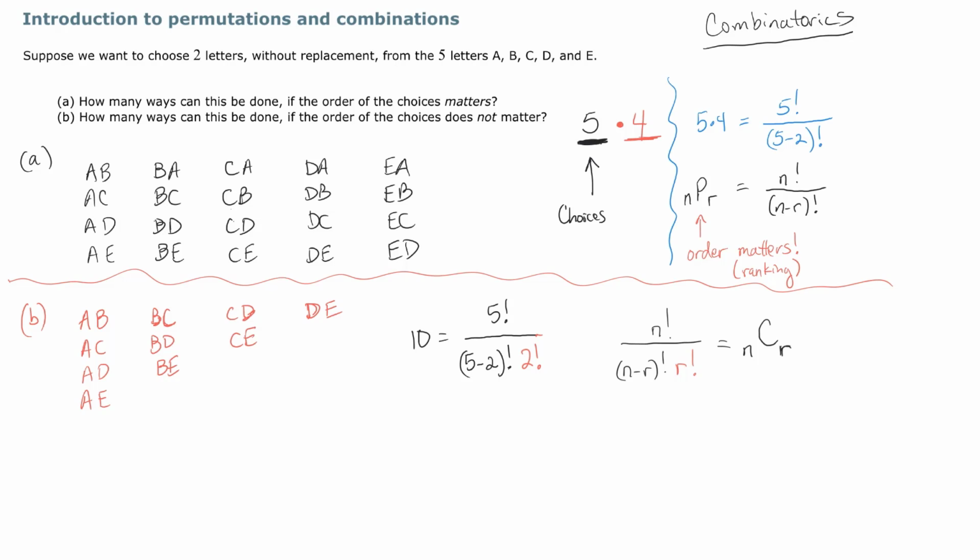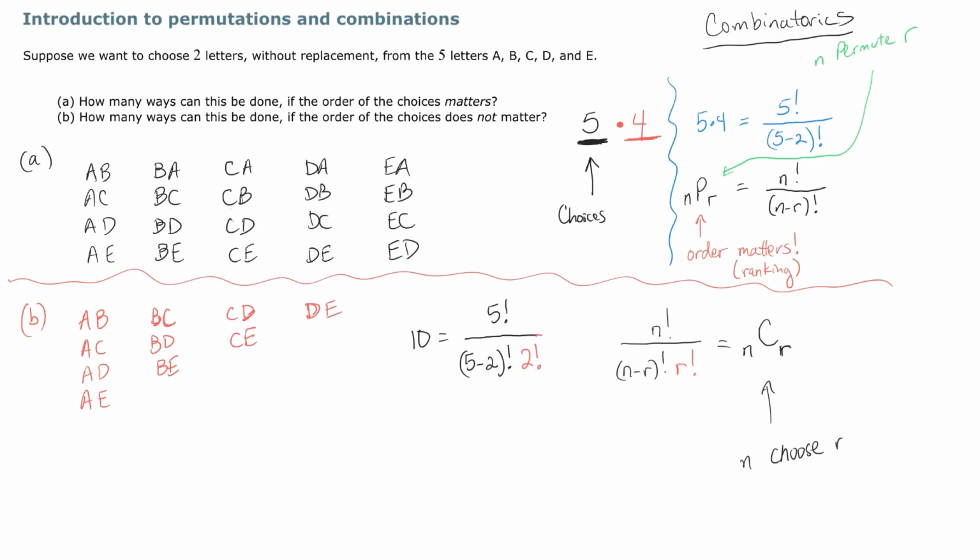So we say this is written as, or read as, n choose r. If you're wondering how to read this, one way to read this is to say n permute r. Here we could read this as n choose r. And so with the C here, what you want to remember is that order doesn't matter and you're just counting combinations.